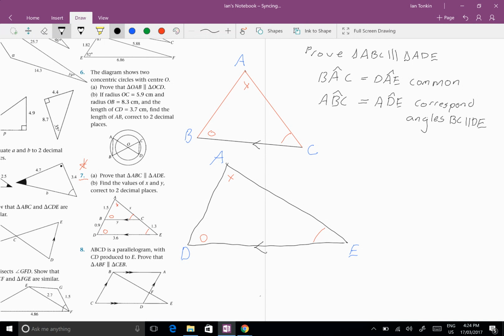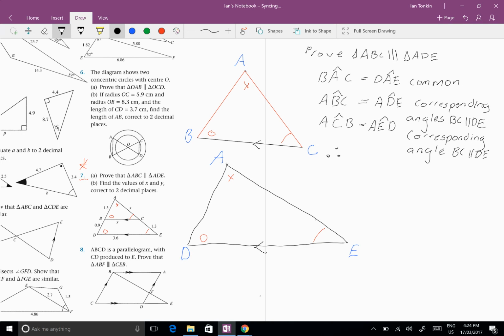And finally, and I only need two because it's equiangular, as soon as you have two, you have three. But angle ACB equals angle AED, corresponding angles, BC parallel to DE.